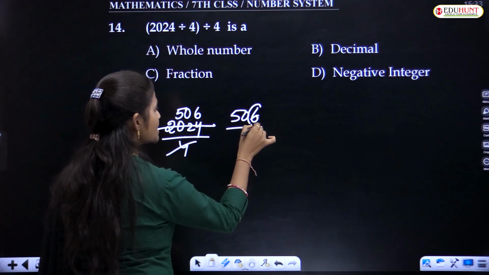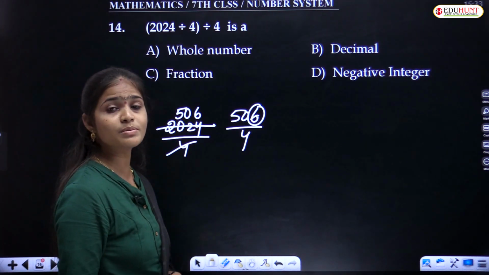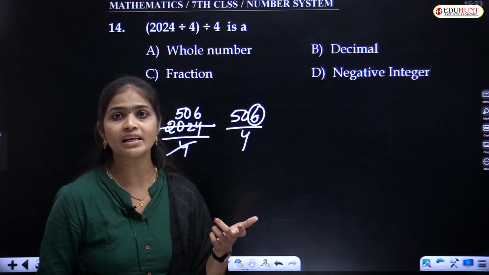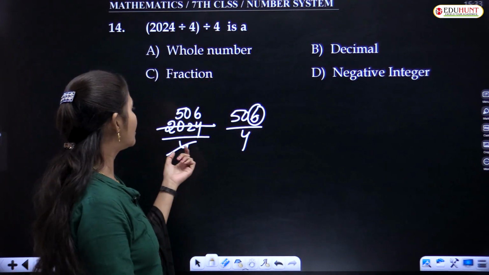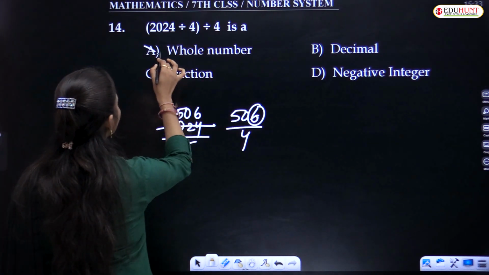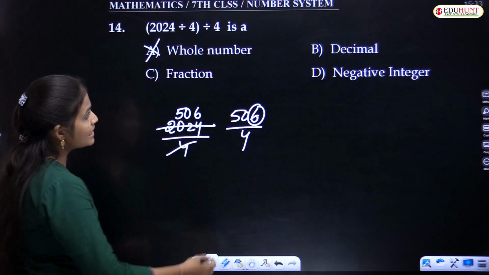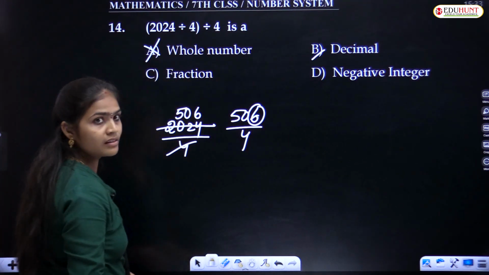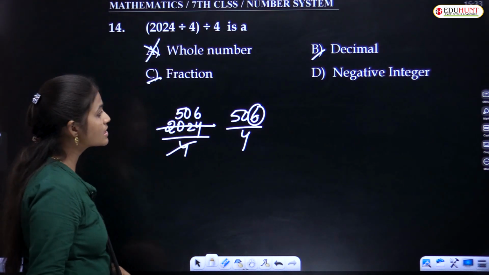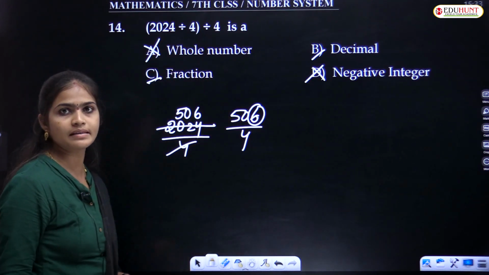Because in the ones place we have 6, and 6 is not a multiple of 4. What is the divisibility rule of 4? The last two digits of a given number should be divisible by 4, then the total number is divisible by 4. So here this is not a whole number. It is a decimal, and in the same way it is a fraction also, 506 by 4, and a negative integer is not an answer.